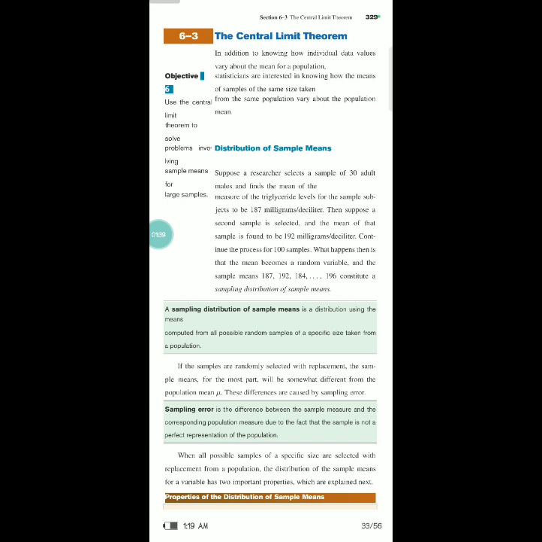So, after that, nag-conduct sila og second sample. Sa ilang second sample, nakakuha na po sila og mean nga 192 milligrams per deciliter. So, sa ilang pag-continue sa ilang sample, kanang random pod ang kanang mean nga nakakuha nila sa each sample. So, mauna siya ang gitawag nga sampling distribution of sample means.